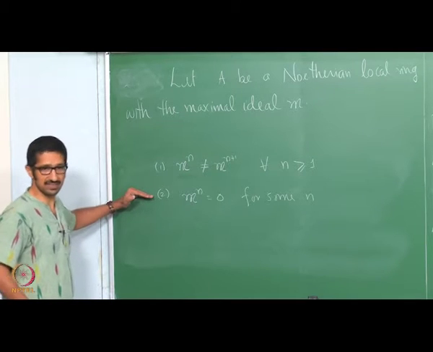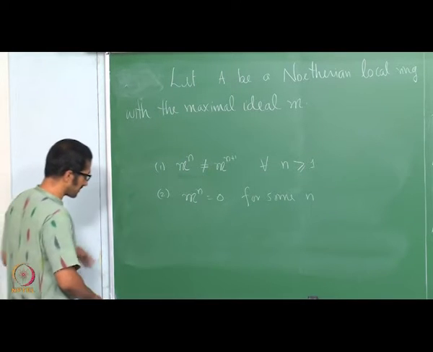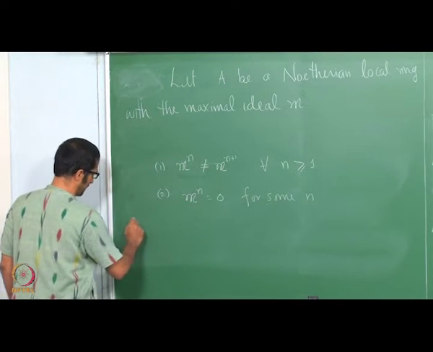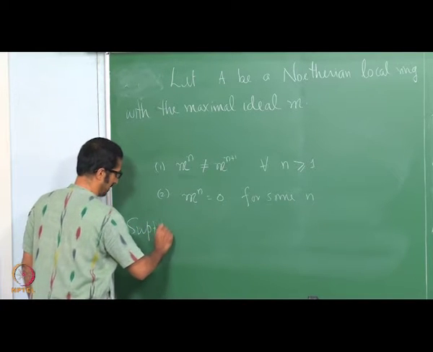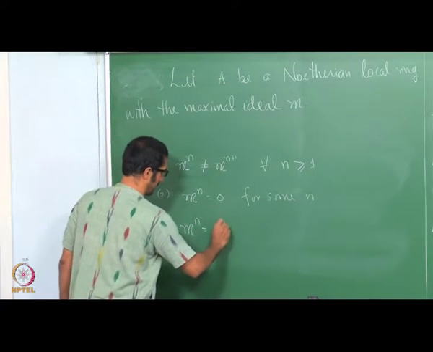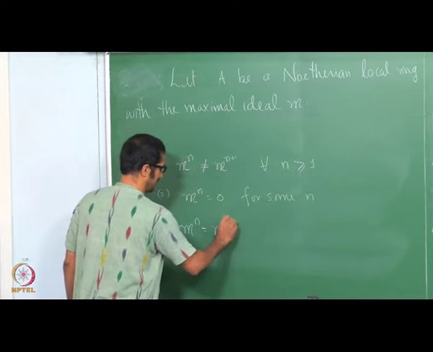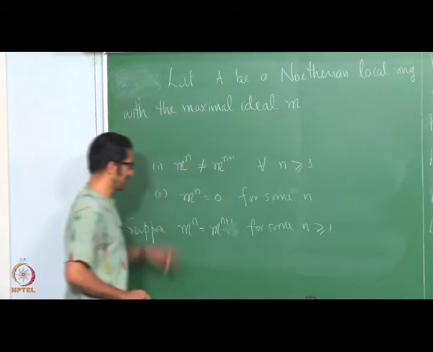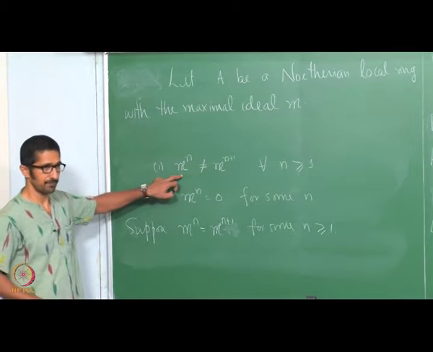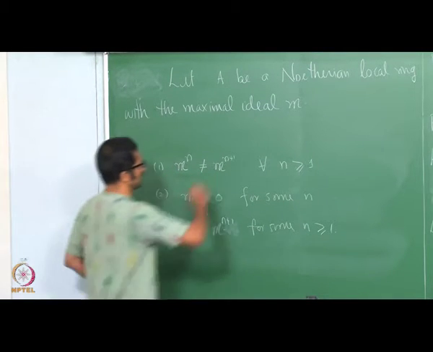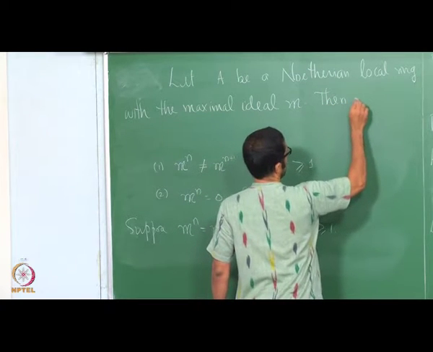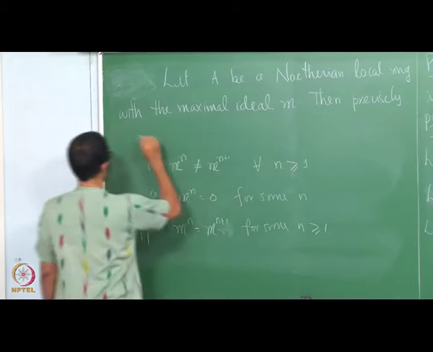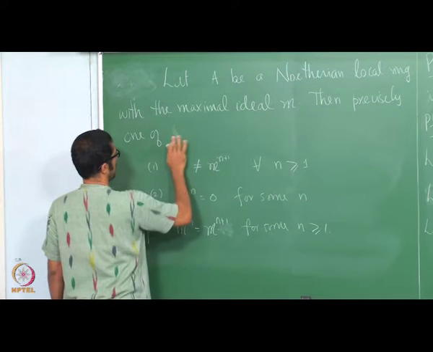So that is exactly what we are saying. So in the Noetherian case, suppose m power n is equal to m power n plus 1 for some n. Suppose this does not hold. So precisely one of the below conditions hold.